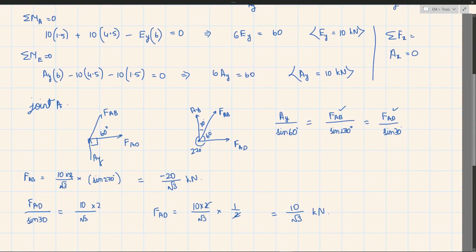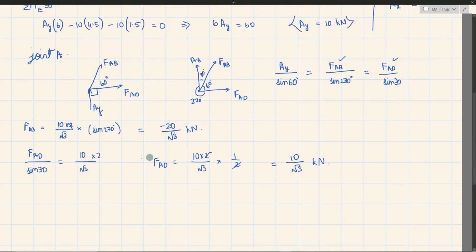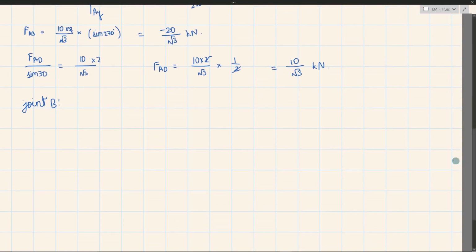Now I can move on to joint B. In joint B, the free body diagram looks something like this. This is FBD, this is FBA, and this is FBC, and this is 10.